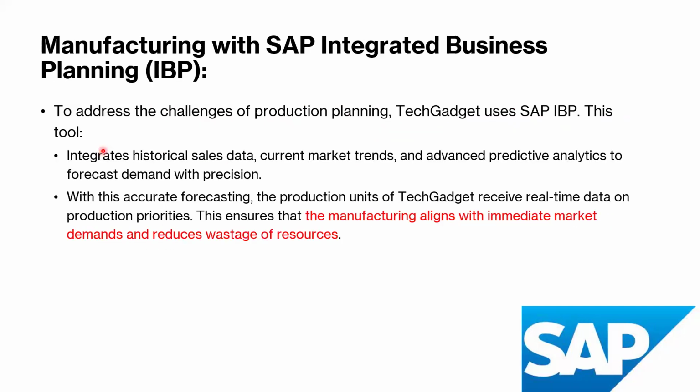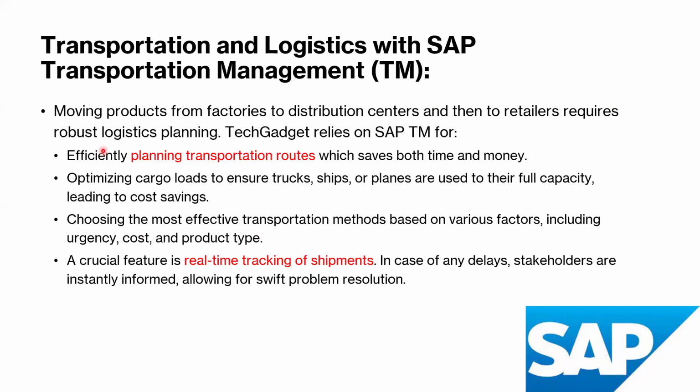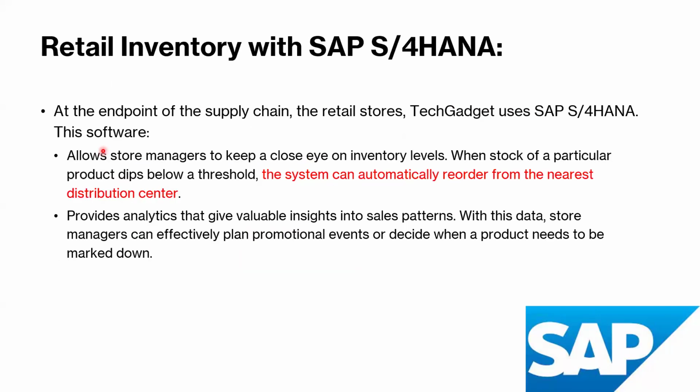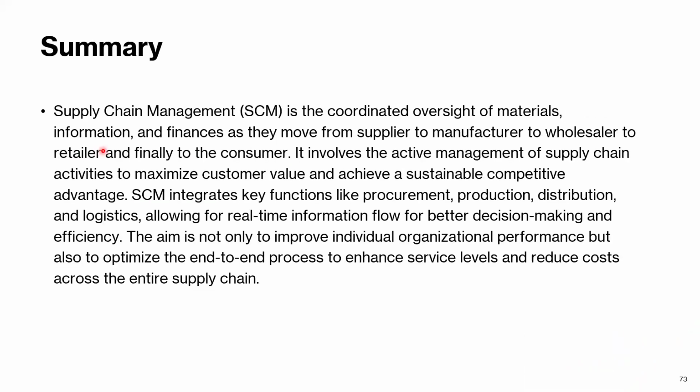So this is what we need to do. Manufacturing using SAP integrated business planning, warehouse management, transportation and logistics can all be done using the SAP system. And retail inventory, right? So one famous vendor can basically manage all aspects of your supply chain, right? The outcome can be seamless business operation and quality products, right?